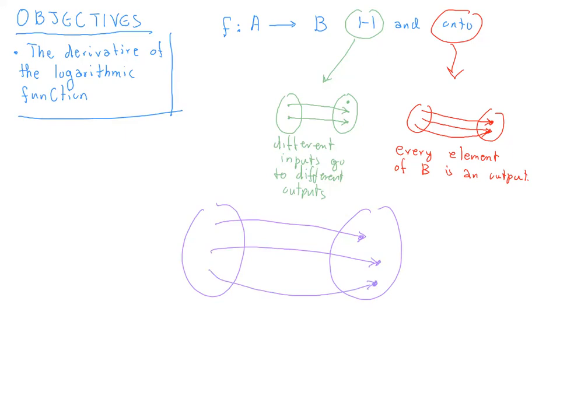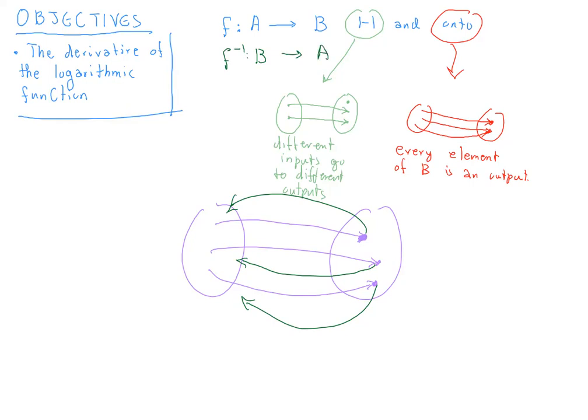The point is that if you start with an element of the second set, you have a clear way of going back and knowing what it came from, and you can do this for all elements. This new function that you define this way is called the inverse function, and it goes from B to A.